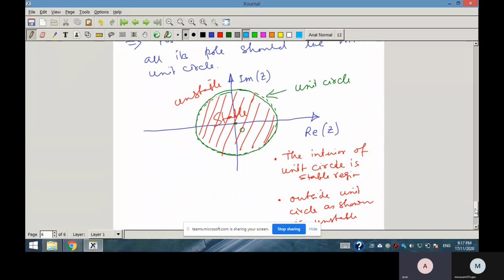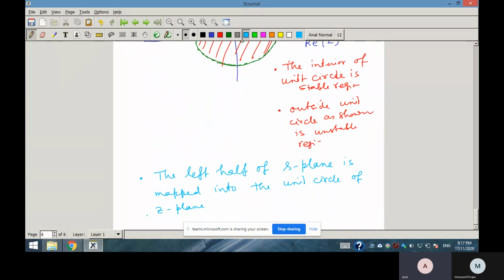Unit circle means unit circle with center at origin.